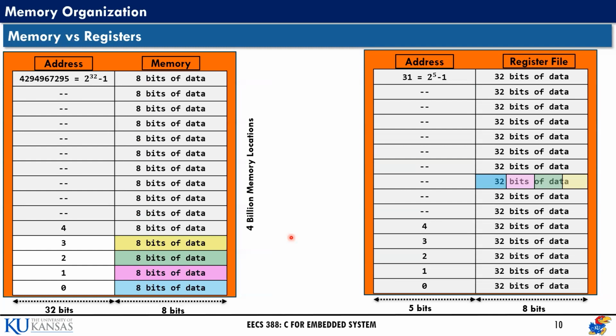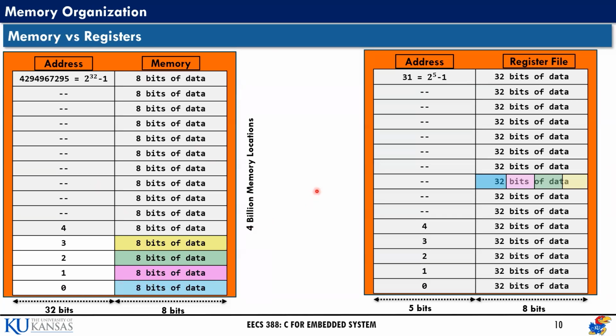Now, if we consider a 32-bit computer, we have a total of 2 to the power 32 minus 1 address space if we start from 0. And we have 8 bits of data in each segment or each address space.